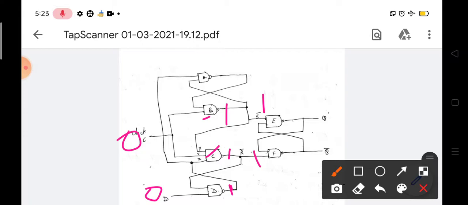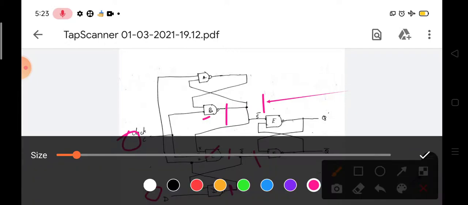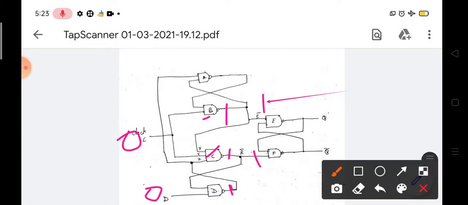Now since S bar is at 1, we'll see what is the output of gate A. I need to trace the path.